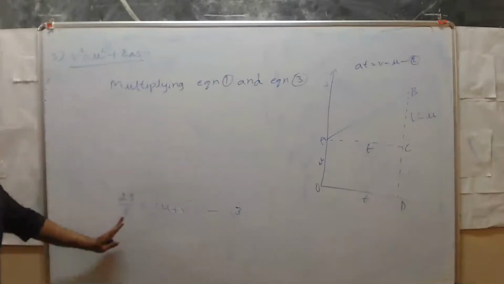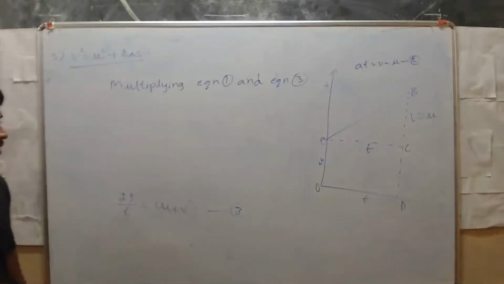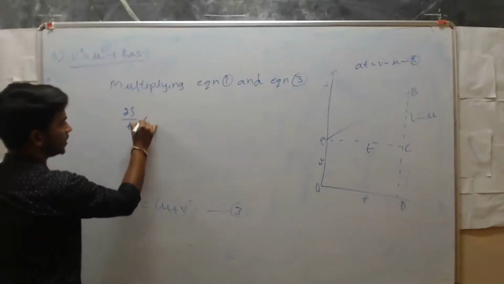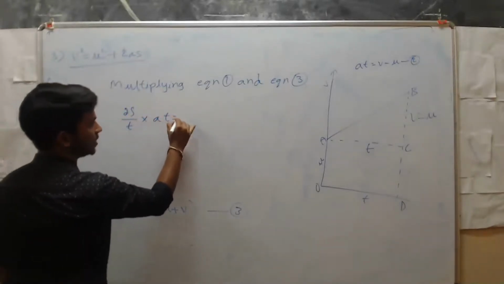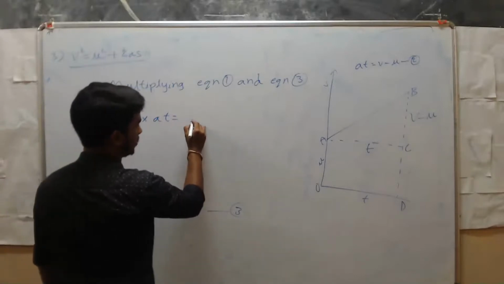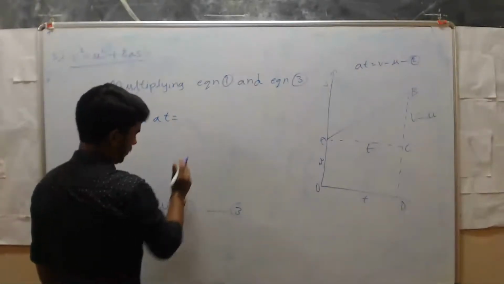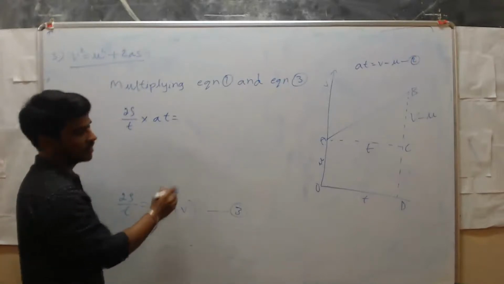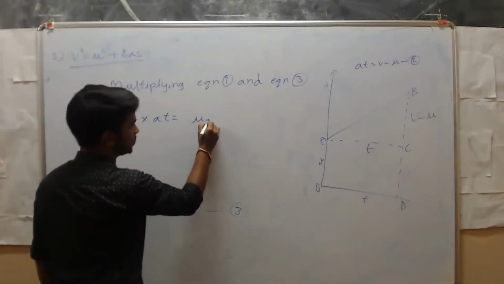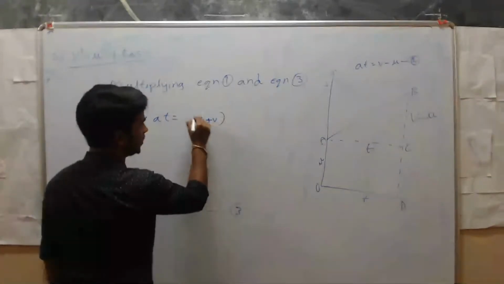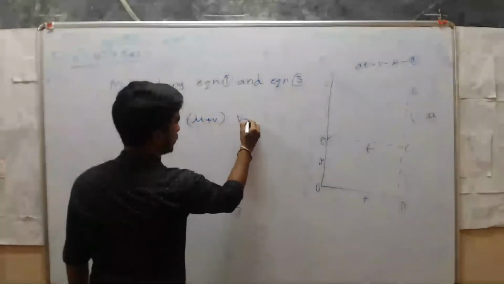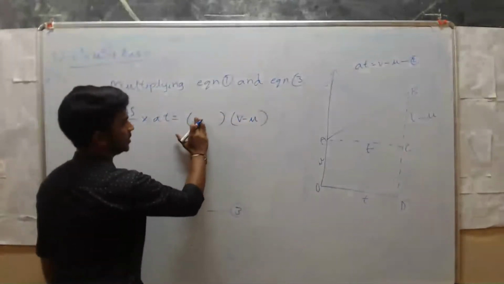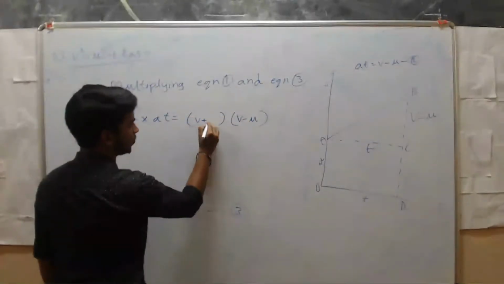Right hand side to right side, left hand side to left side. Left hand side, that is 2S divided by T into AT, equals U plus V into V minus U. We can write it as V plus U, or we can write U plus V also. Better we can write V plus U, into V minus U.